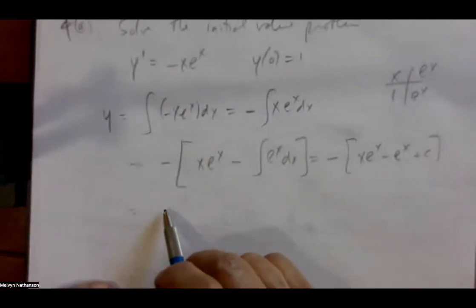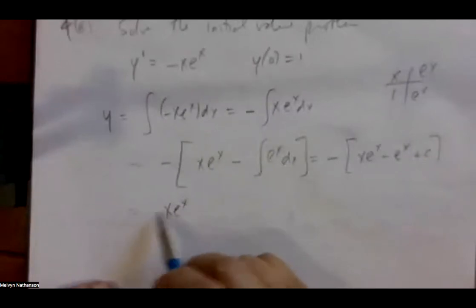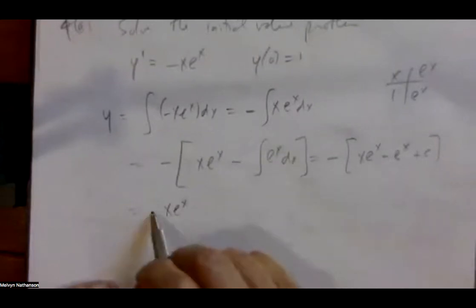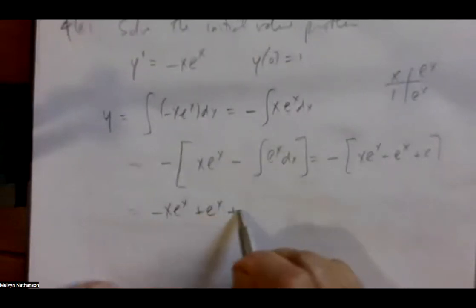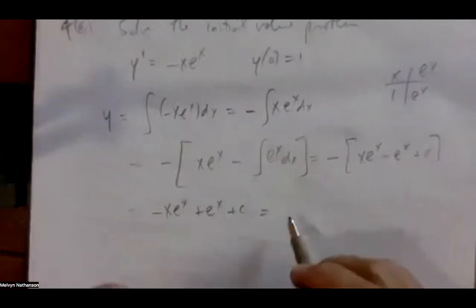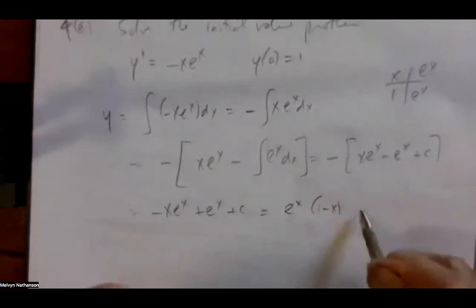So it looks like the solution is minus x e to the x plus e to the x plus a constant. Or I can write this slightly more concisely as e to the x times 1 minus x plus c.